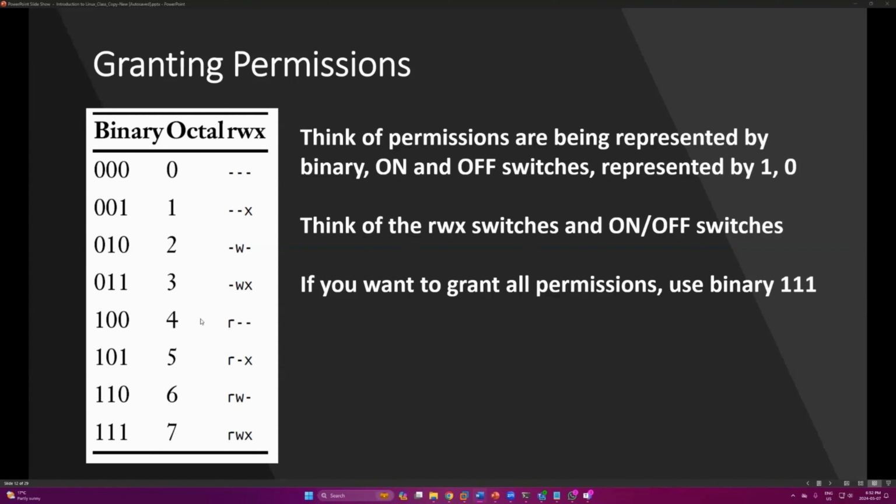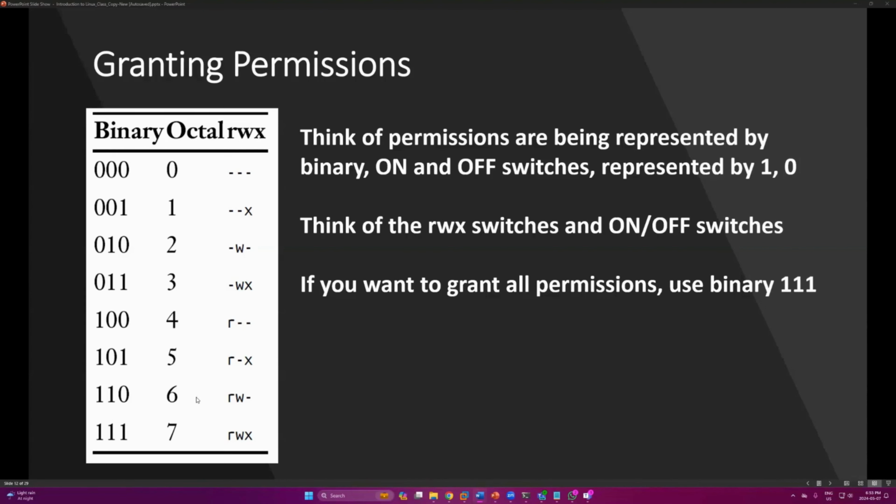Another thing you might want to know is that if you want to add them together, you might see that it's quite interesting. If you add 1 and 2 together, which is execute and write, you get 3, right? 1 plus 2 equals 3. You get write and execute. If you want to add read, write, and execute, you add 4 and 3, and you get 7, which is read, write, and execute.